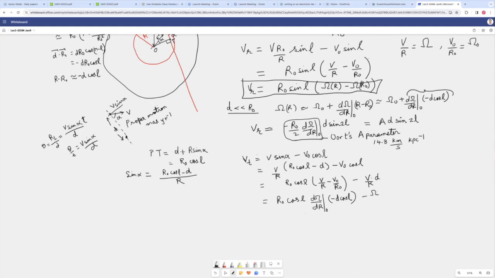But we can replace V by R as omega naught d, because there is already a small parameter d here. So omega minus omega naught is proportional to d. So we are ignoring quadratic terms in d, so we can replace V by R by omega naught. Okay, so we have this expression.